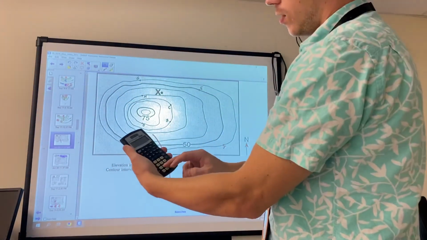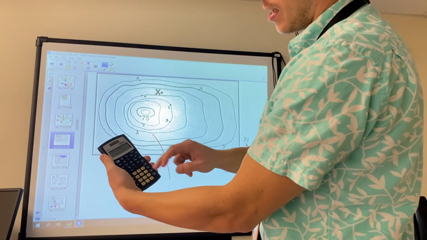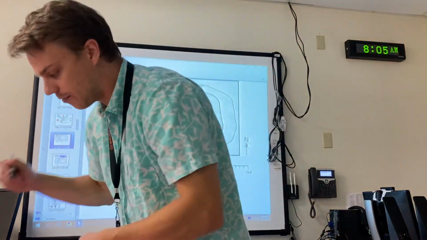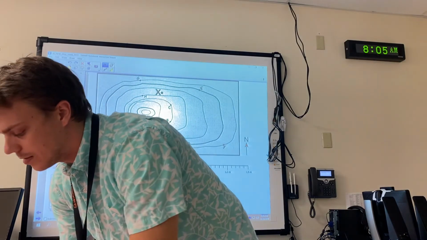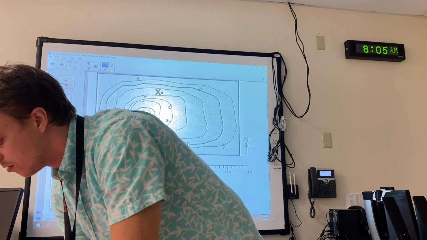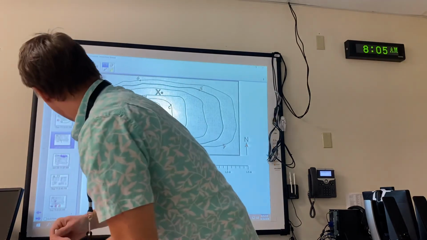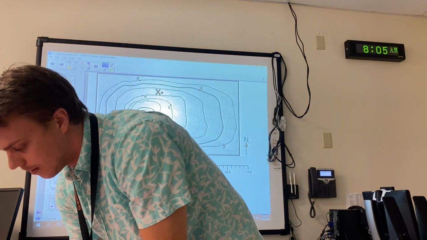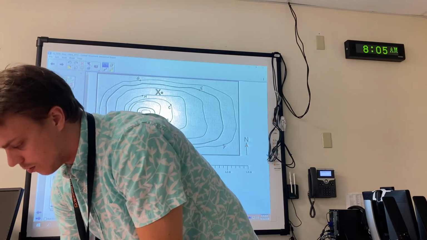So if we have 20 divided by 1.38 miles, we're going to end up with 14.49. And that's going to be from F to B. And just a reminder, from A to C, the gradient was 5.1.